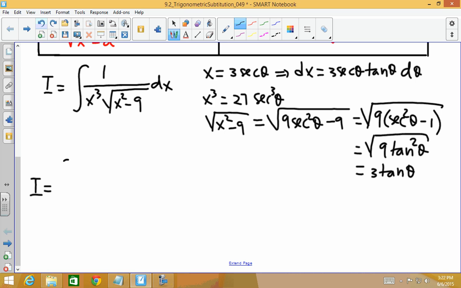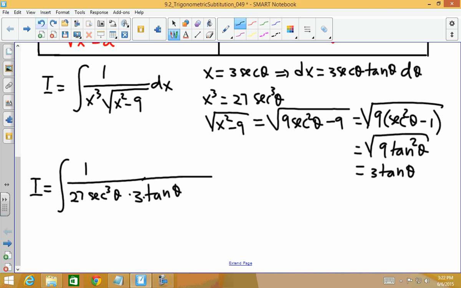I becomes the integral of 1 over 27 secant cubed theta, and the square root of x squared minus 9 is 3 tangent theta, so that is our multiplication.